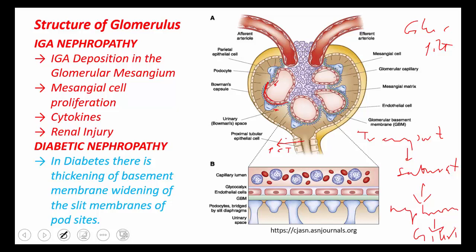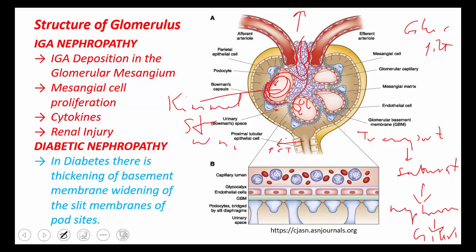This will be thickened, and again there will be an increase in the mesangial cells and in the mesangial matrix, which will invade the glomerular capillaries and produce deposits known as Kimmelstiel-Wilson nodules. These deposits are the Kimmelstiel-Wilson nodules.